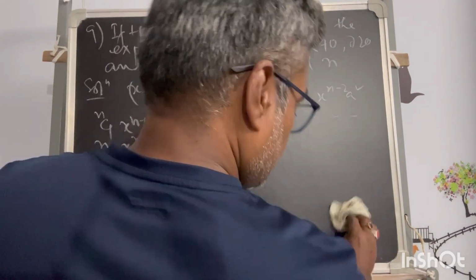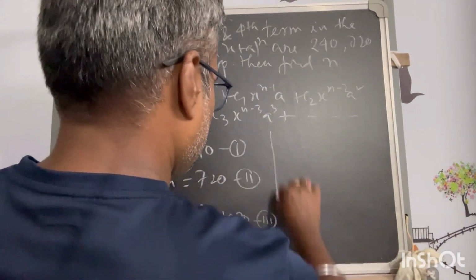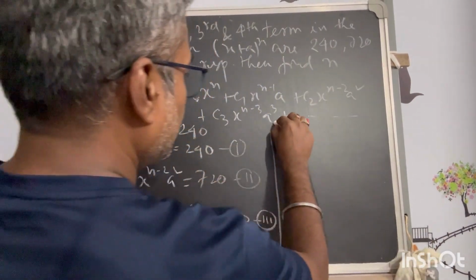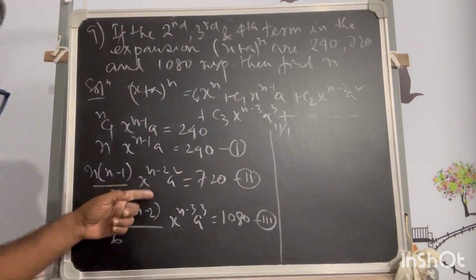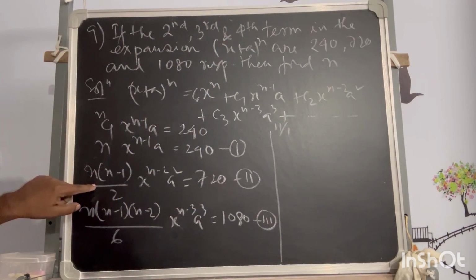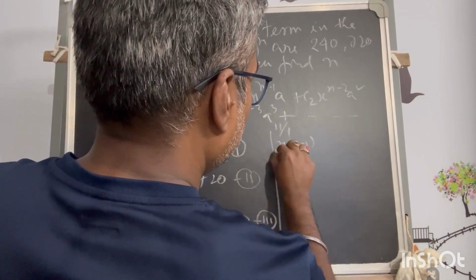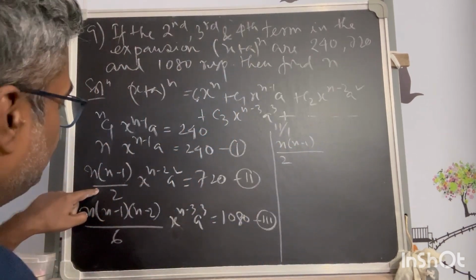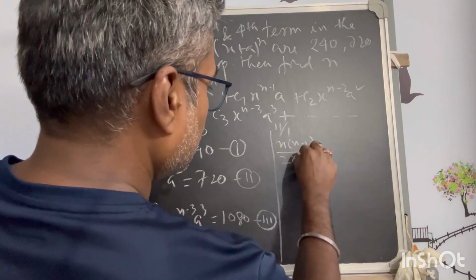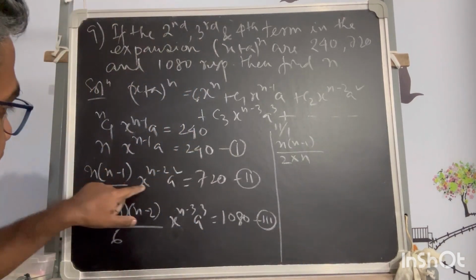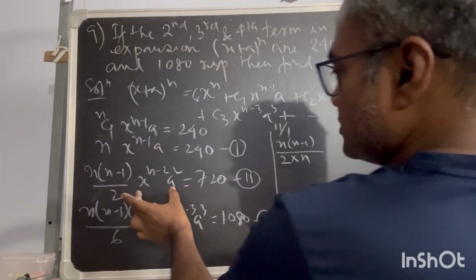So now, by doing the second equation divided by the first, I am just dividing 2 by 1. What will remain, if I see it: n minus 1 by 2 will come here, and n will come there. I am talking about the coefficient. What about the rest?